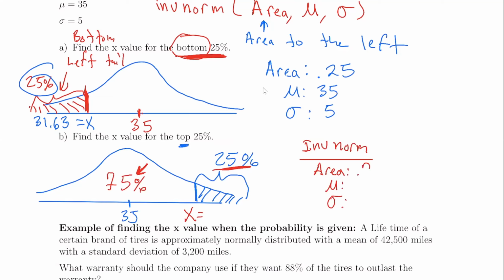Mu is still 35, and sigma is still 5. So area is equal to 0.75, mu is equal to 35, sigma is equal to 5. Any questions so far for those three inputs?